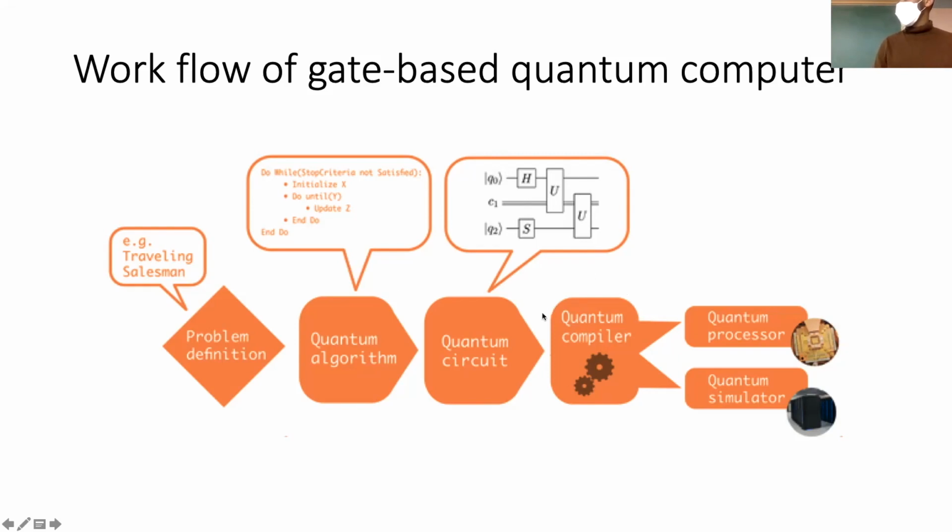The compiler is going to translate the circuit representation into the physical thing. Although we might have very noisy hardware, research could be done on how to map this quantum circuit onto the actual hardware and make the best out of the quantum hardware.